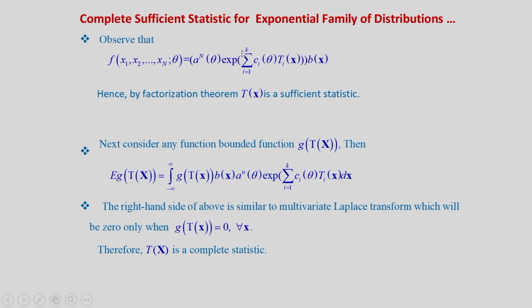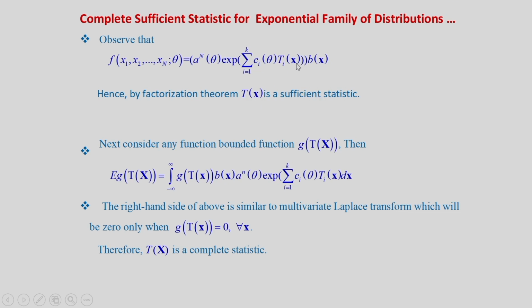So, we can express the joint PDF as a product of two factors. One factor is independent of any parameters, it is simply a function of x, and the other factor is a function of the parameter and the estimator. So, therefore, by the factorization theorem T(x) is a sufficient statistic.